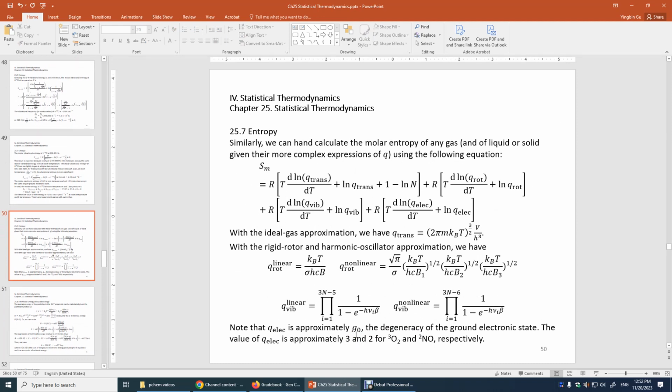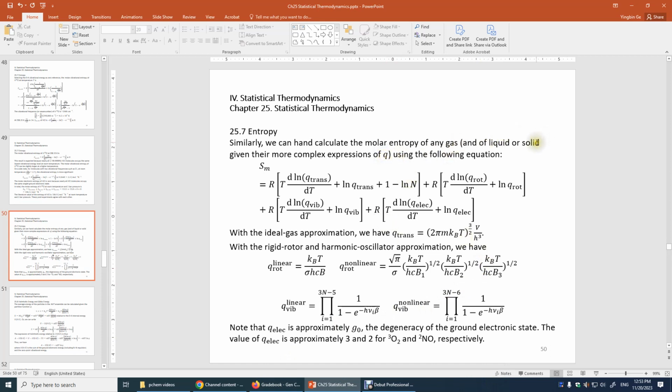Similarly, we can hand calculate the molar entropy of any gas. And we can even calculate the molar entropy of a liquid or solid, given their partition function. For liquid or solid, it's hard to predict the molar entropy because it's a little hard to get the partition function right.